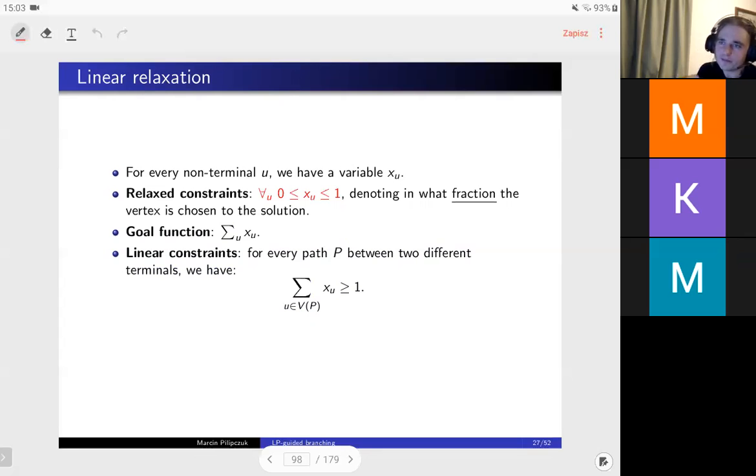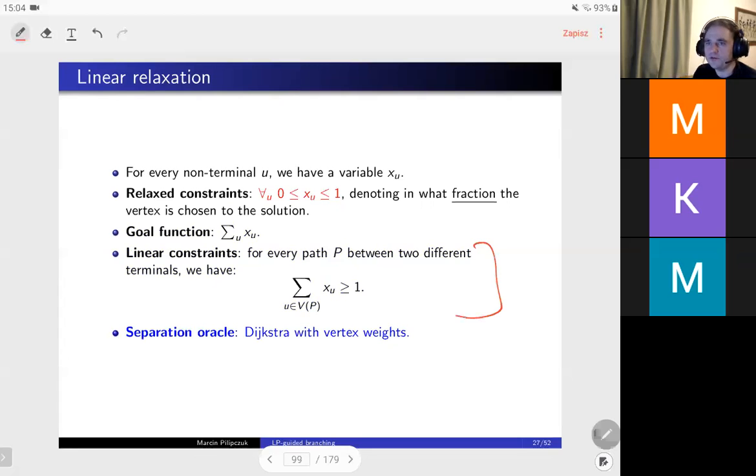So this is the relaxation we're going to look at, and note that this linear relaxation has an exponential number of constraints, so you cannot really write it down. But there is a way, also discussed in the algorithms course and many other courses: to solve the LP, you don't need to list all the constraints, but you need an oracle that points you to an unsatisfied constraint.